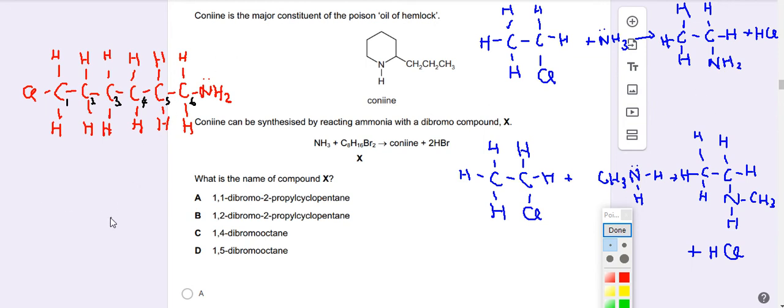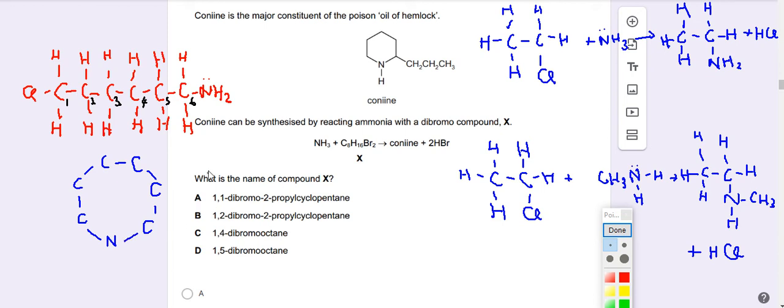Okay, so let's try to draw this. So at the end, I'll get nitrogen bonded to carbon number 1. Carbon number 1 is bonded to carbon number 2, then number 3, number 4, number 5, number 6. Then carbon number 6 is also bonded to N.